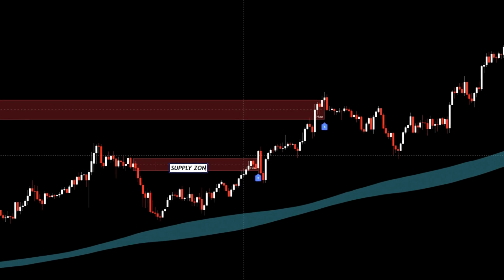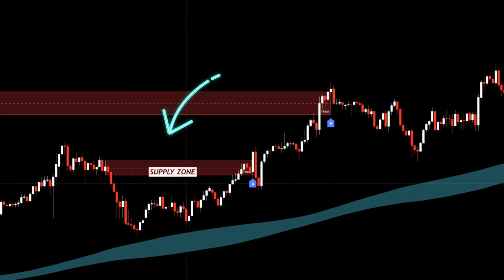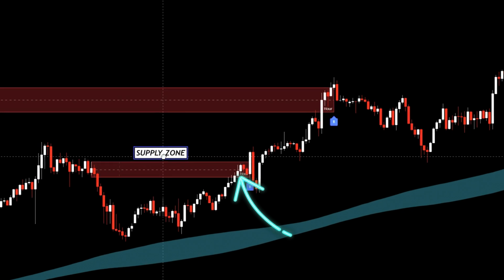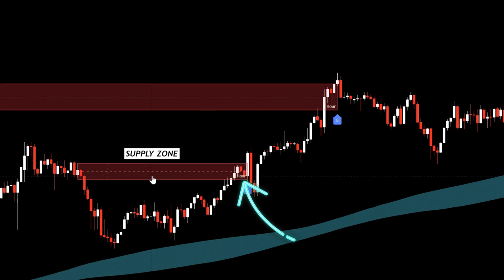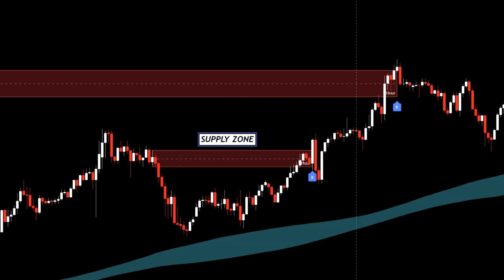You spot a supply zone identified by your indicator. Then you just potentially wait for the price to break above that zone and for the indicator to give you that break signal. That break signal, that's your ticket. That's your momentum to open a buy position.